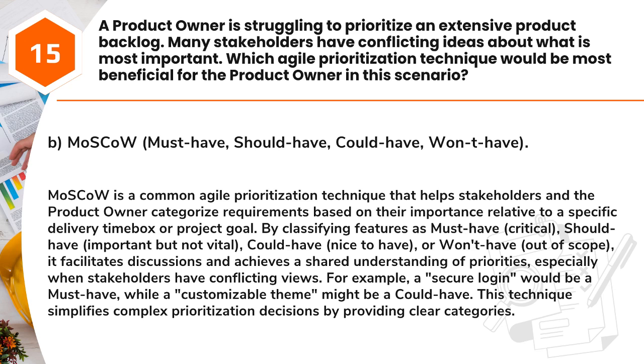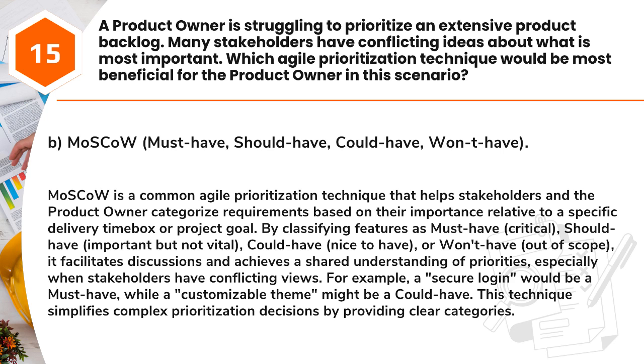Answer: B. MoSCoW: must have, should have, could have, won't have. MoSCoW is a common Agile prioritization technique that helps stakeholders and the product owner categorize requirements based on their importance relative to a specific delivery time box or project goal.